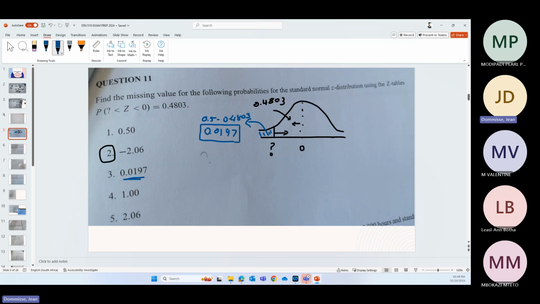The easiest way to get to that is by looking at my negative Z table. So the value I'm looking for is 0.0197. I have seen it there, the 0.0197, and that was the minus 2.06.